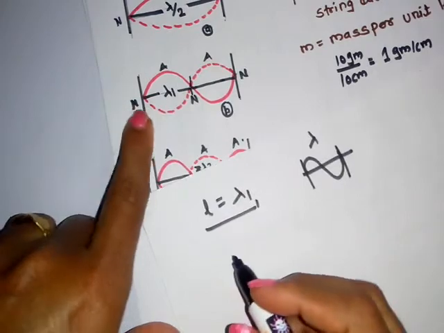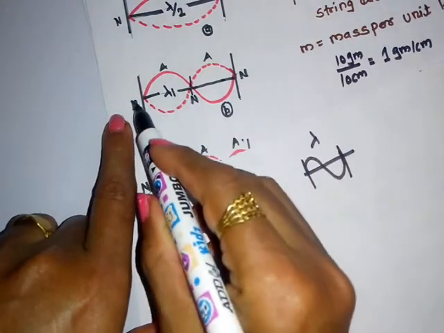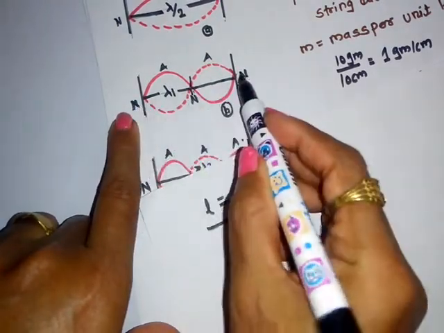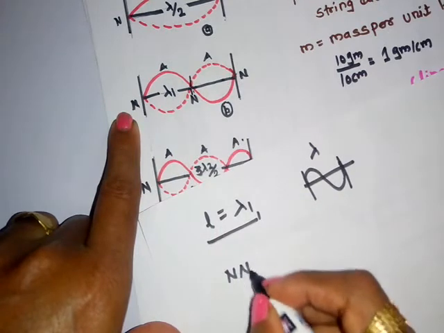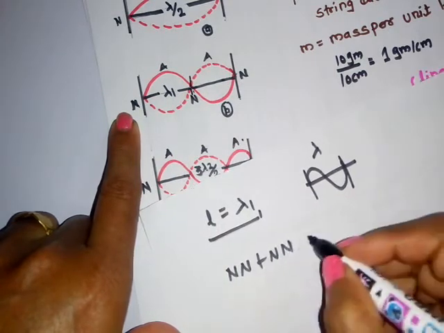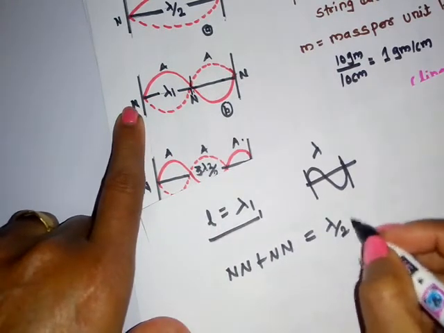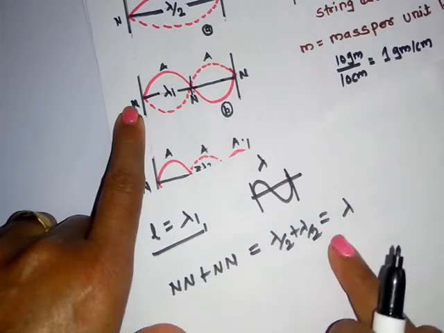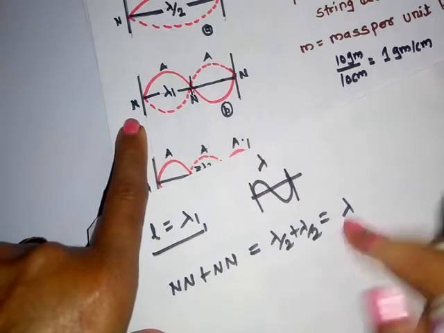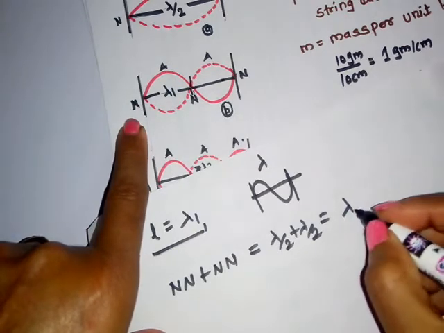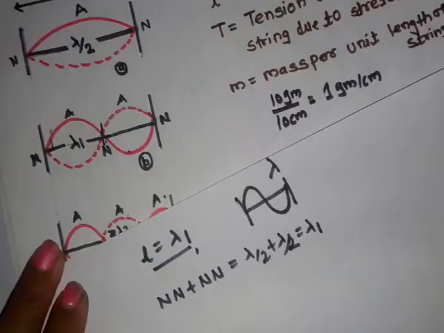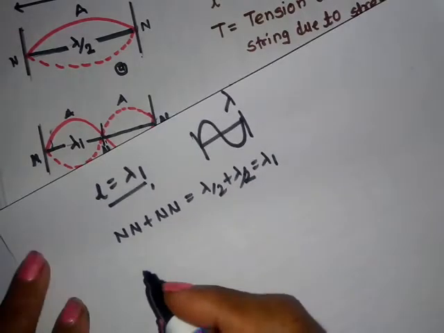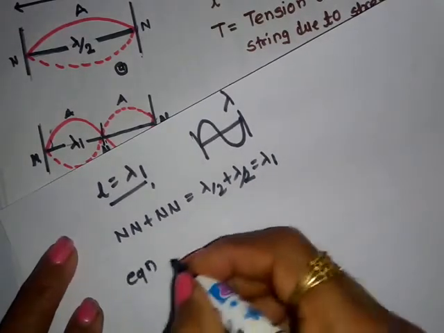Or also we know the distance between node and node plus node and node, that is lambda by 2 plus lambda by 2, we get lambda. But for the second mode of vibration, the wavelength is considered as lambda 1. Now we have the equation for velocity.